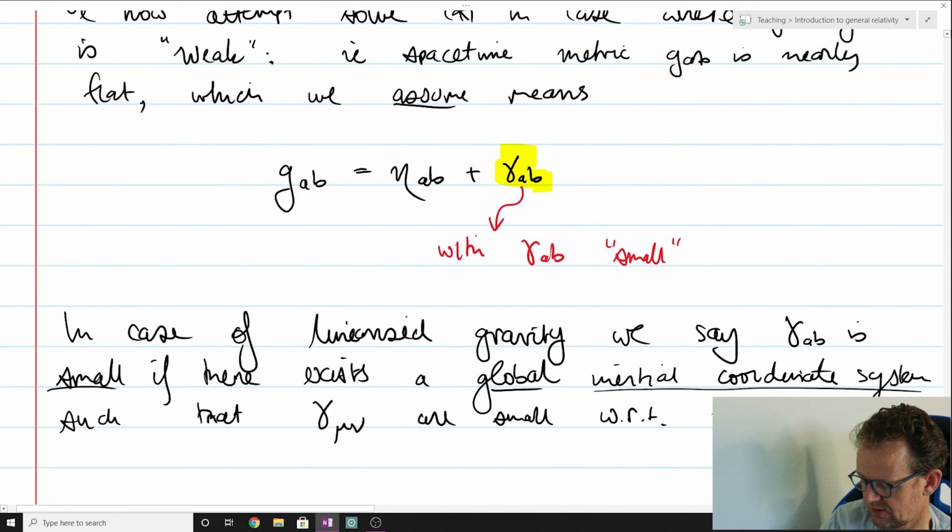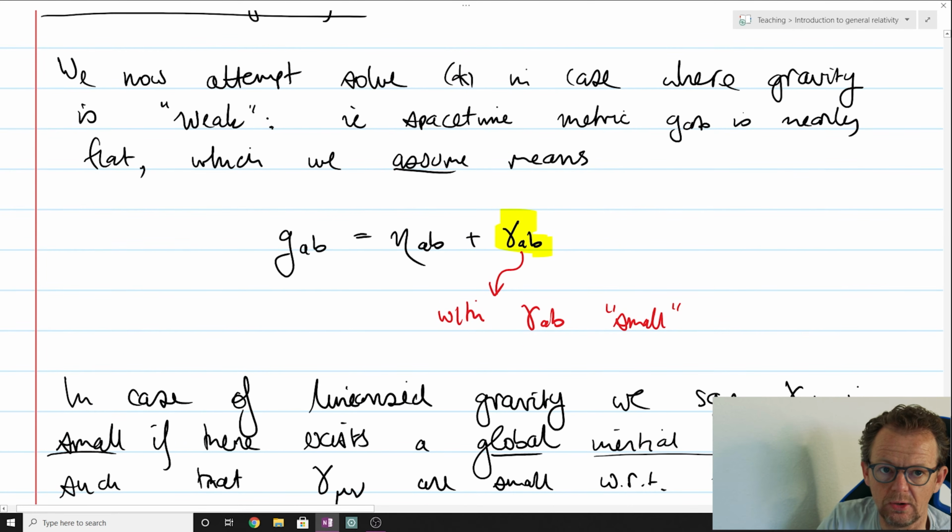So, just to stress this again, before we choose a coordinate system, we can't say what gamma AB small means. Gamma AB is just an abstract box. You need a criteria for specifying when gamma AB is small or large. And the criteria that we select when discussing linearized gravity is to go to a global inertial coordinate system, the one where the flat metric is defined, for example.